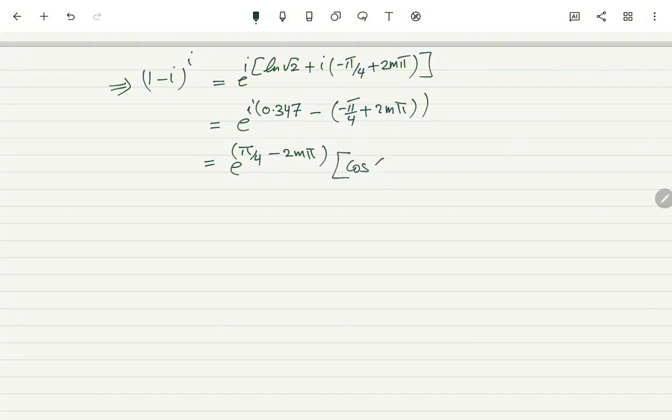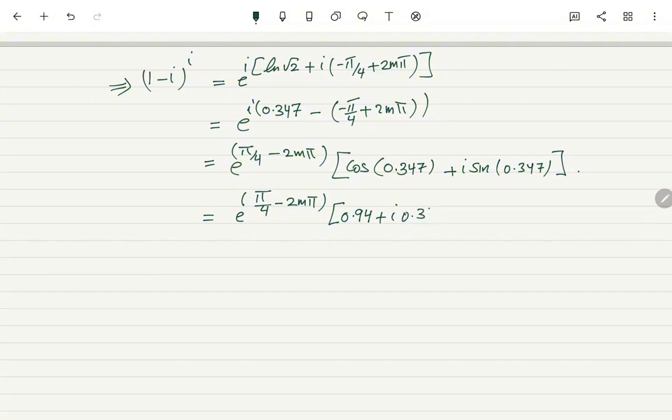Cosine 0.347 plus i sine 0.347, and upon simplifying this one here, it's equal to e to the pi over 4 minus 2m pi times 0.94 plus i 0.34.